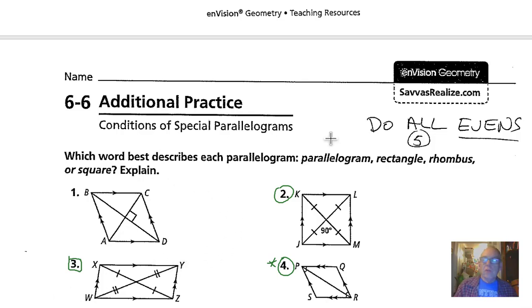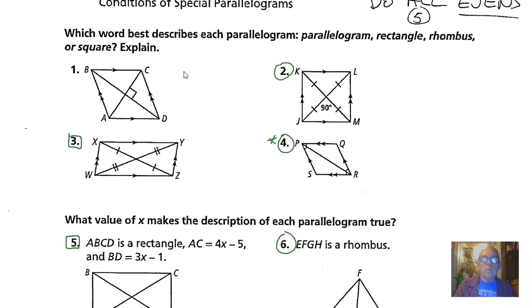Okay, so let's look at number 3. Which word best describes each? Here, the diagonals bisect each other, but they're not congruent. They're showing us that these diagonals have different lengths.